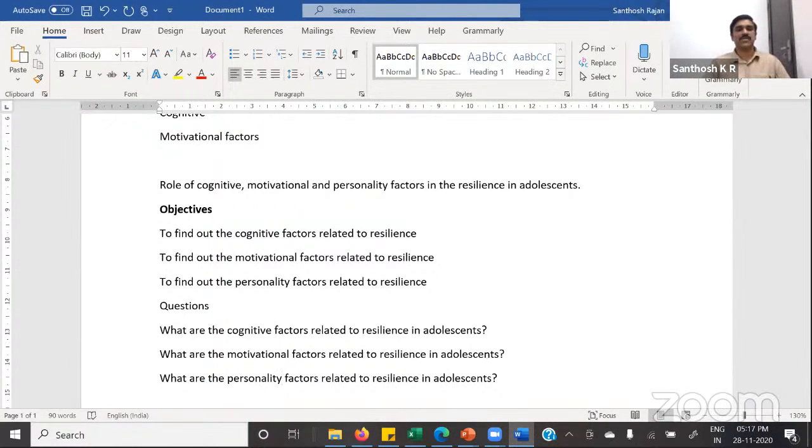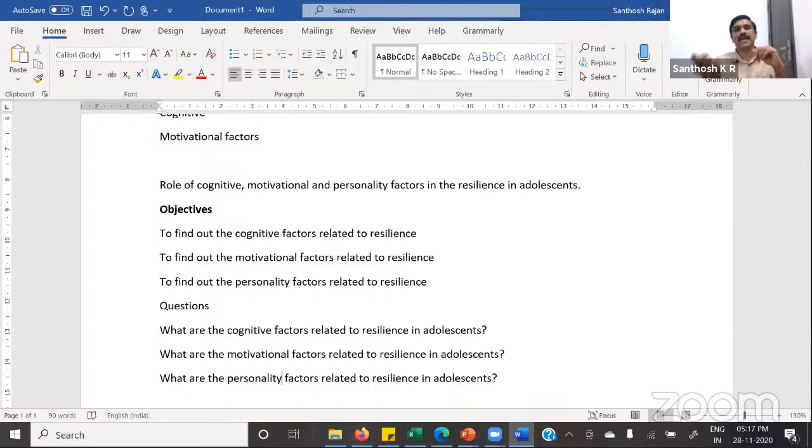So we can narrow it down: personality factors into the Big 5; motivational factors into Maslow's 5 different types of motivation, or motivation dimensions we can take; and cognitive factors, we can look into learning, memory, intelligence, some of the cognitive factors we are choosing.